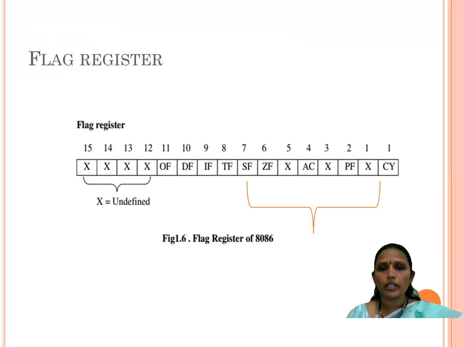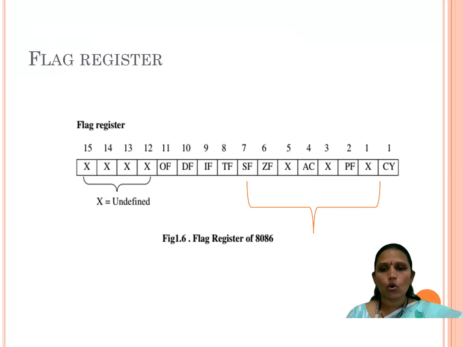After performing arithmetic operations, we check the result: if the number of ones is even, then the even parity will be set, and if the number of ones is odd, then the odd parity will be set. The next type of flag is the auxiliary carry. Whenever a carry is generated from the second bit to the third bit, then that particular flag will be set.